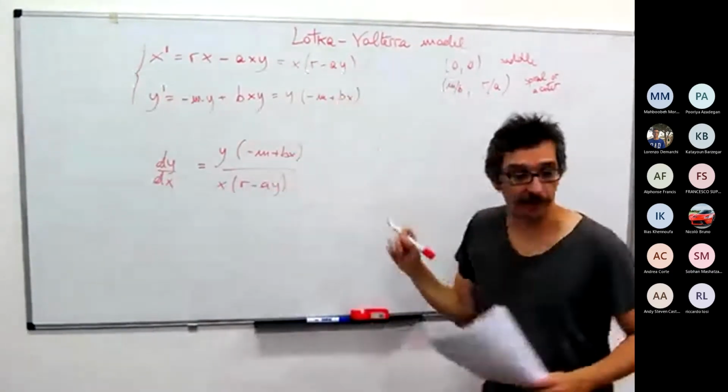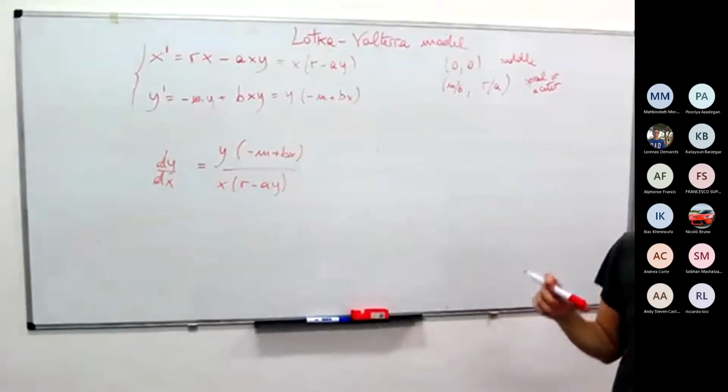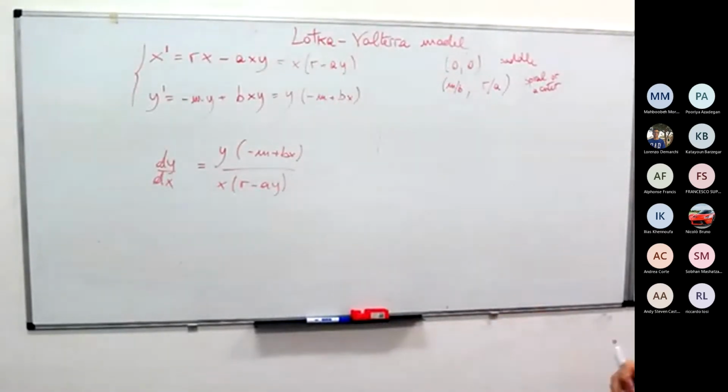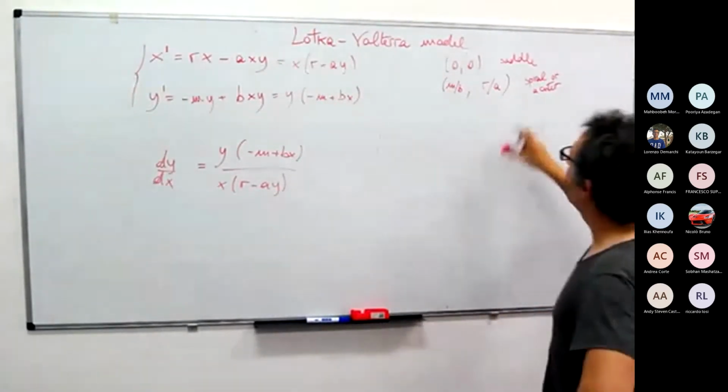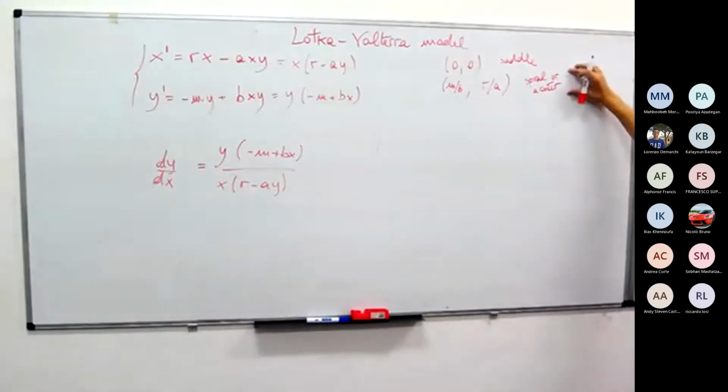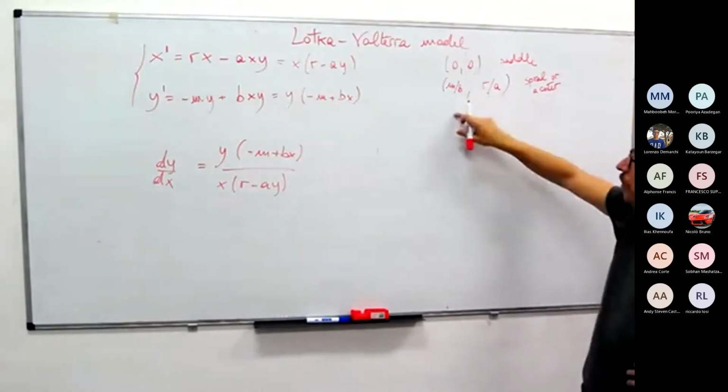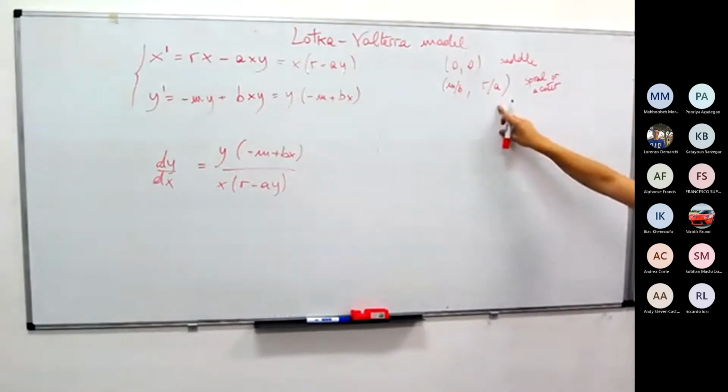Sorry, Prof. Why are we doing this? Because I want to check this second statement about the critical point m over b, r over a.